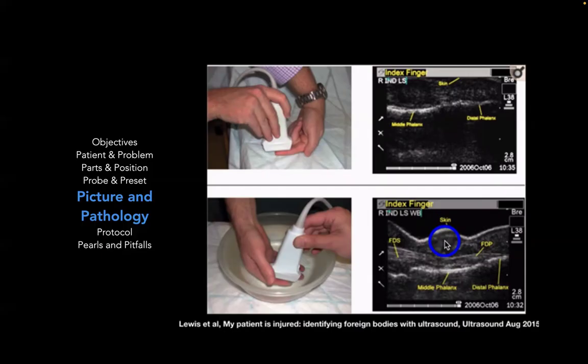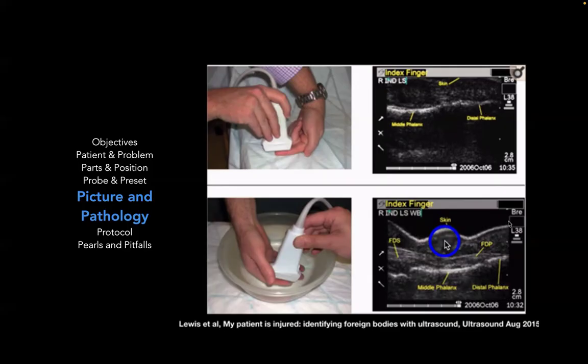And so one strategy around that is to submerge the whole hand underwater and use the water surrounding the hand as your gel. That allows you to send the ultrasound waves through the water bath into the area of interest. And so you don't need to use any gel with this water bath technique. You just need to balance and sort of float the probe on top of the patient's skin.